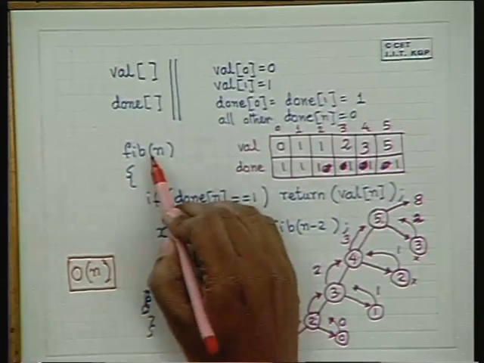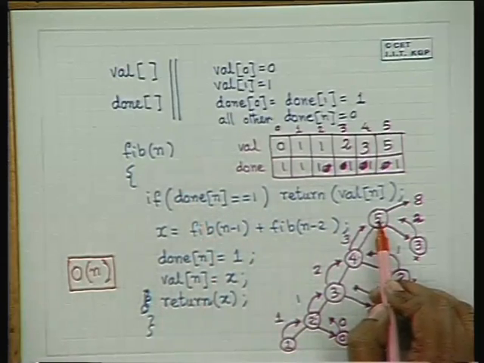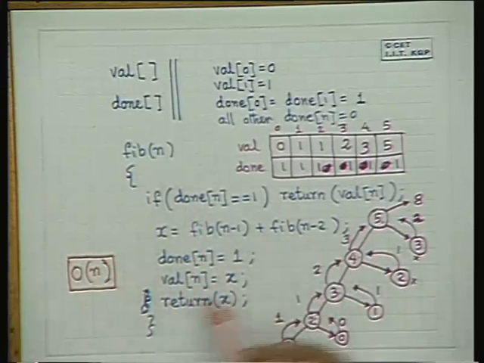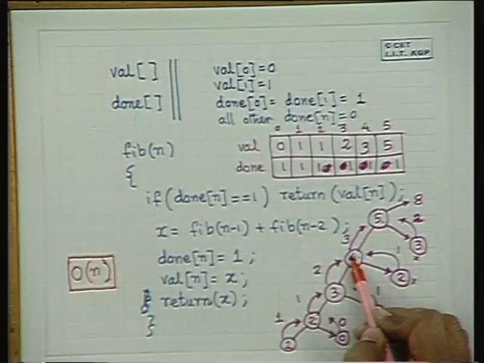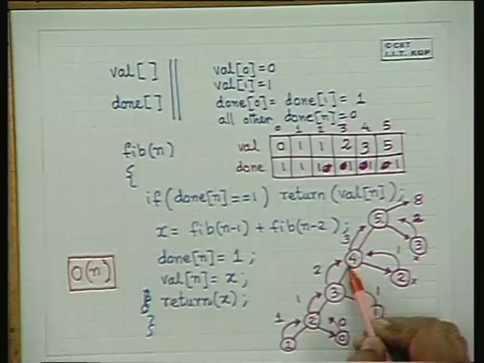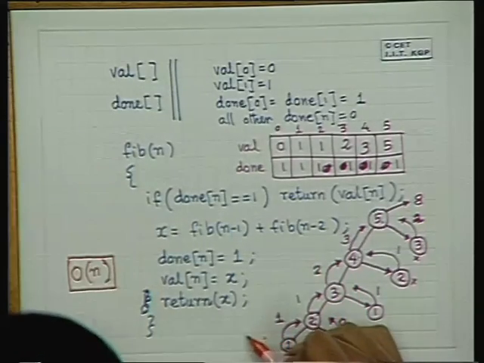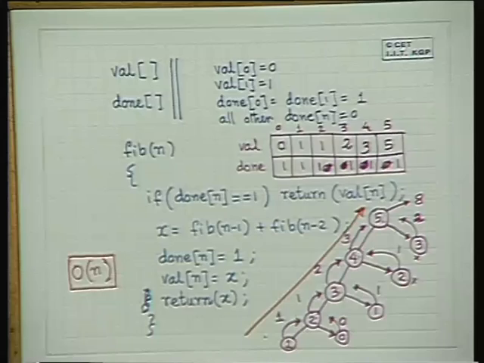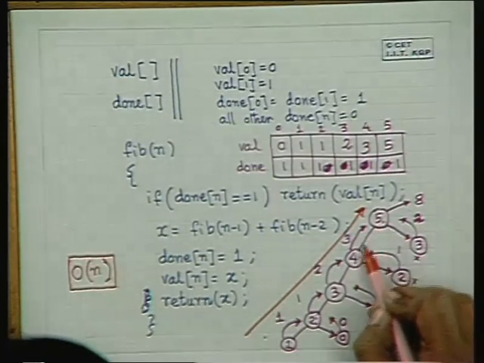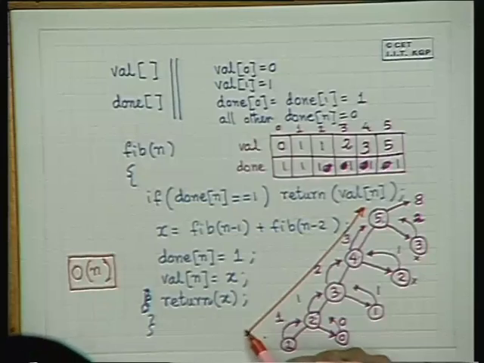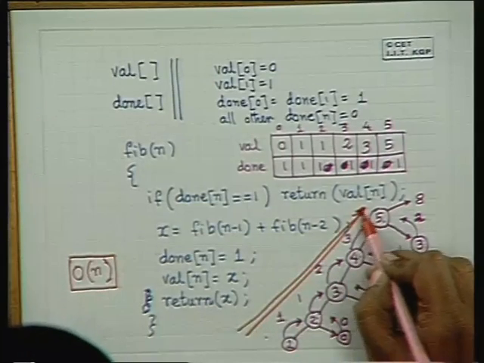Here, though you have written them down in a top-down fashion for 5, see how the values are calculated. 5 calls 4, it does not compute the value of 4. It calls 3, 2, 1, and the values are computed in this sequence. So the calls are made top down, but the actual value computation goes bottom up.